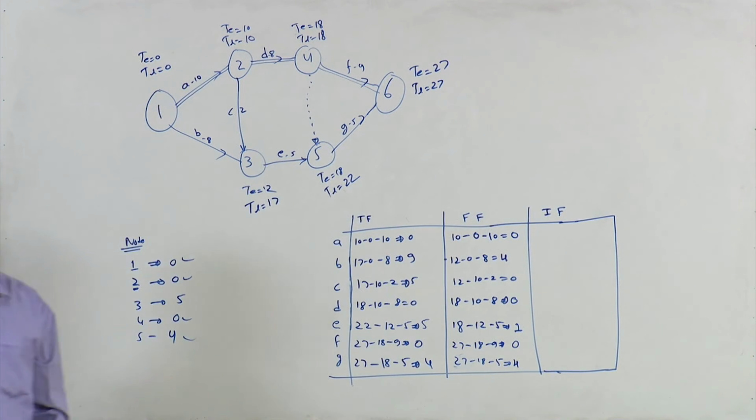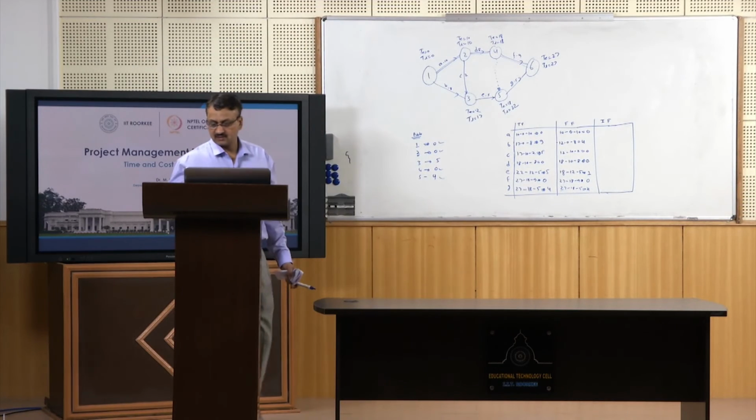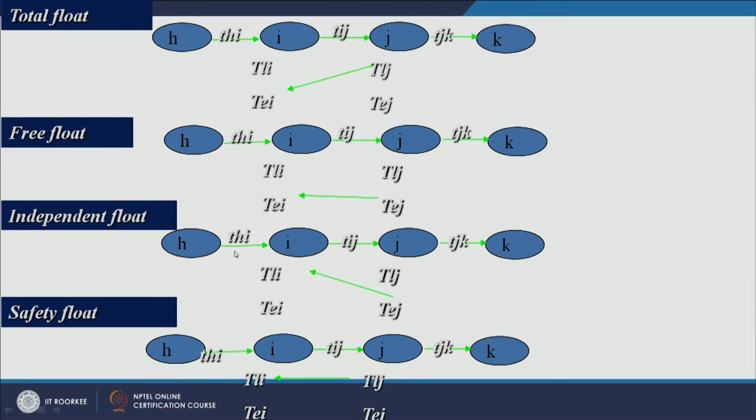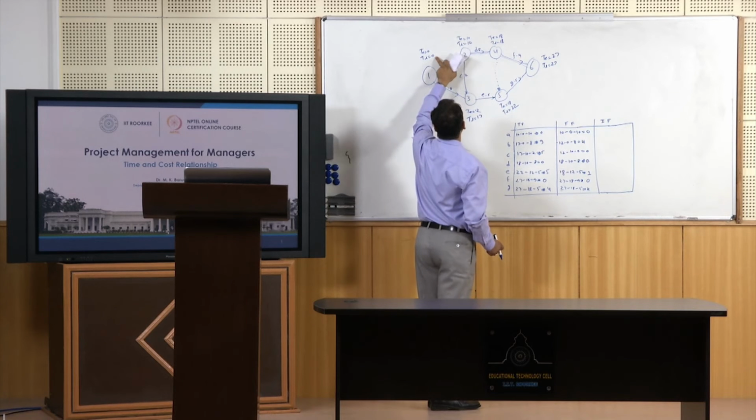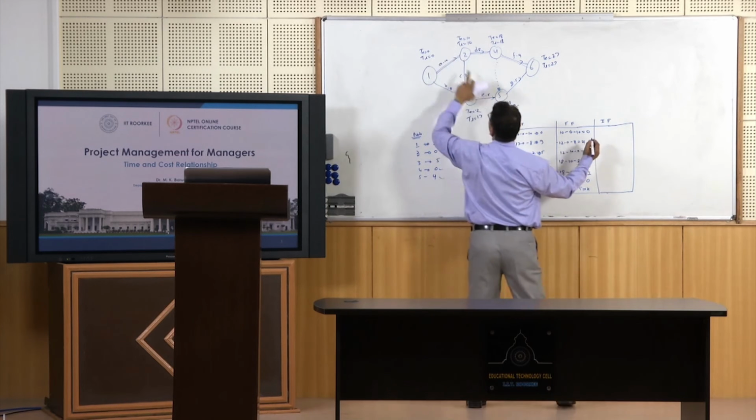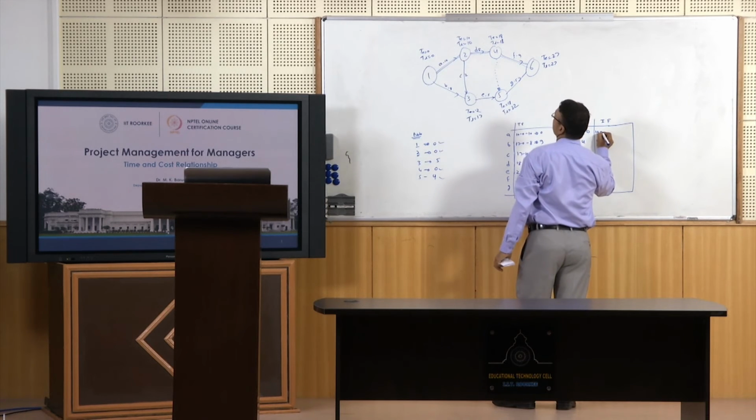Independent float, if you look at this, is TEJ minus TLI, right? So TE minus TL. For activity A, TE minus TL, so this is 10 minus 0 minus 10, this is 0.